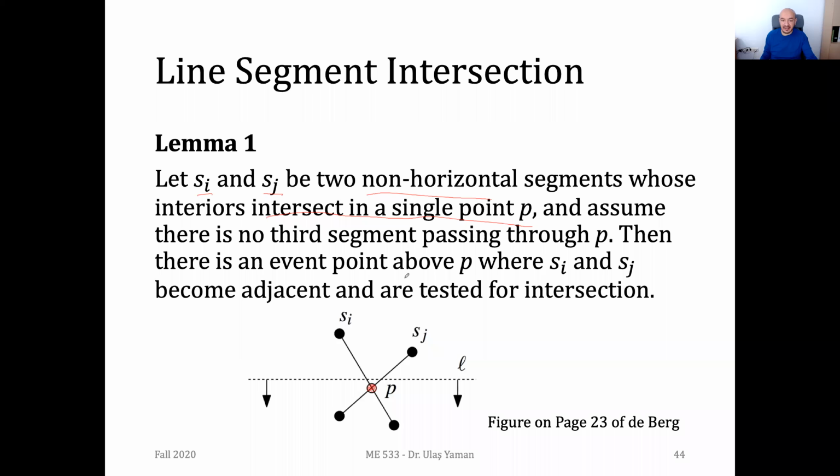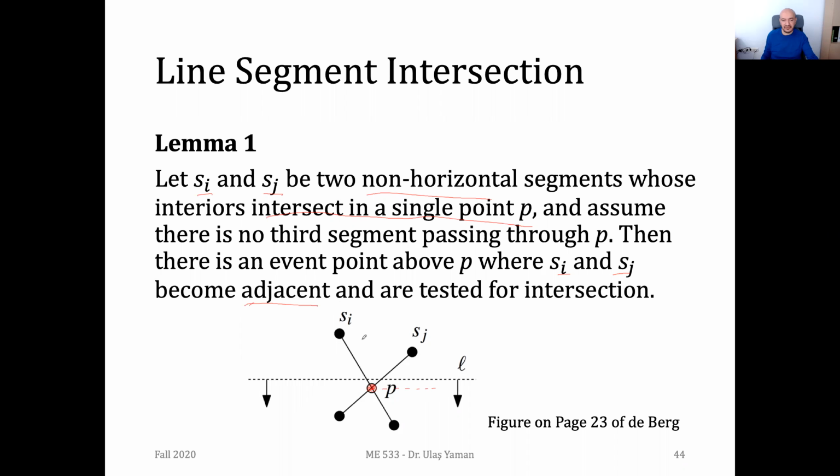Then we can say that in the upper region of P, we should have an event point where we check I and J together, since they should have become neighbors before this event point and should have been tested. So once your sweeping line is around here, this event point should have been completed earlier.